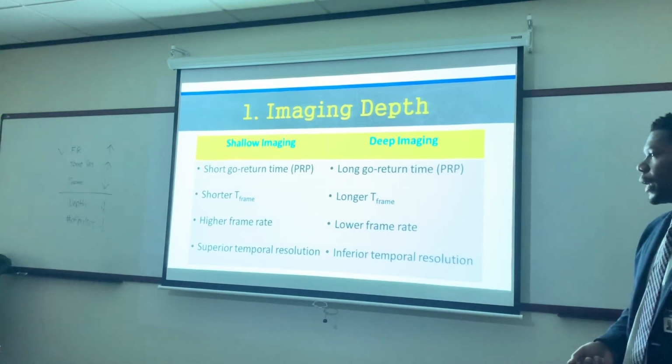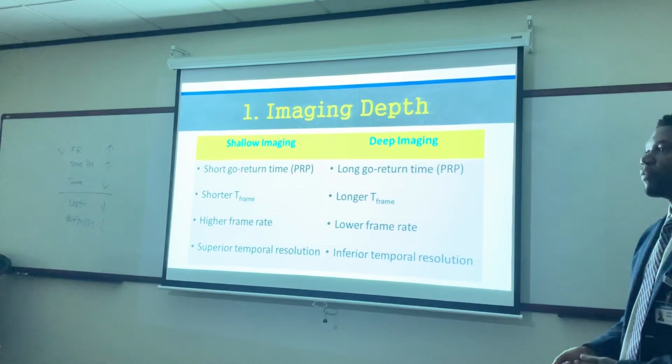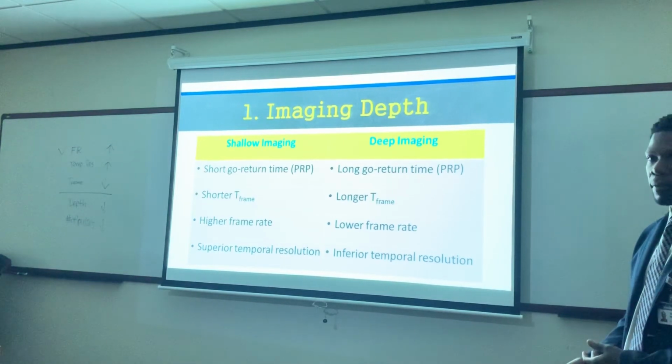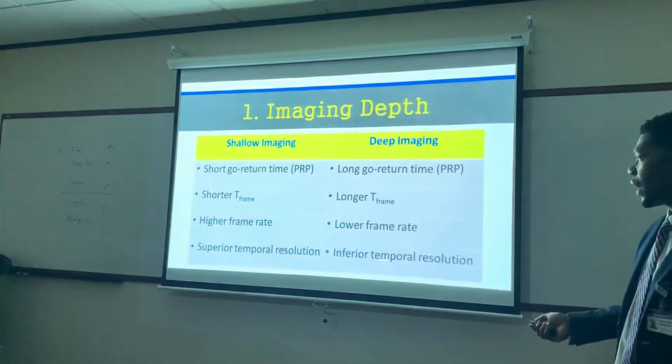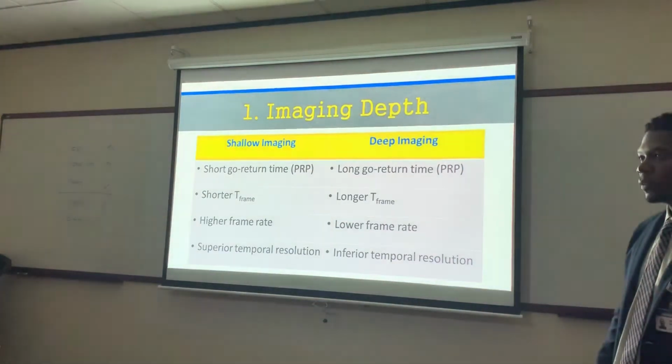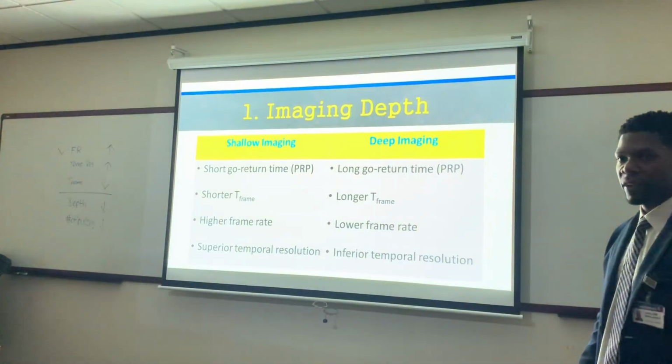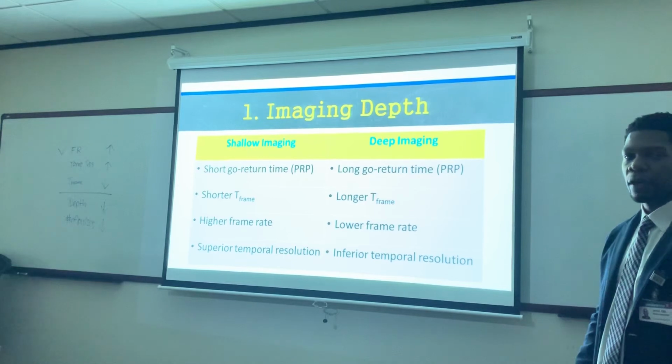We're also going to have lower frame rates because of that. Our frame rate isn't going to be as high, and we're going to have inferior temporal resolution because we're not acquiring images as fast.